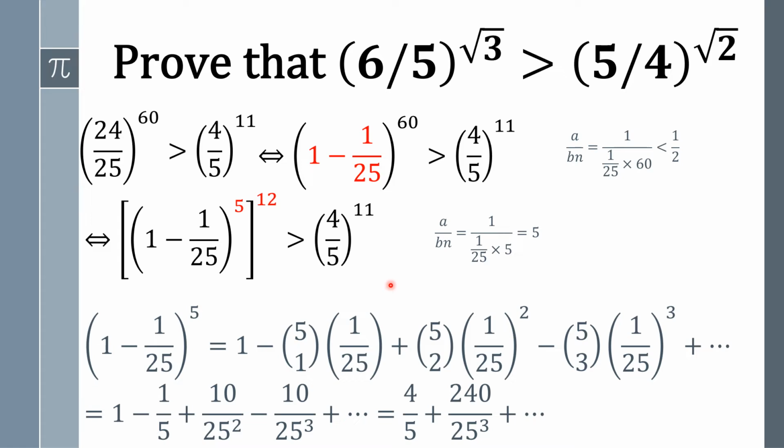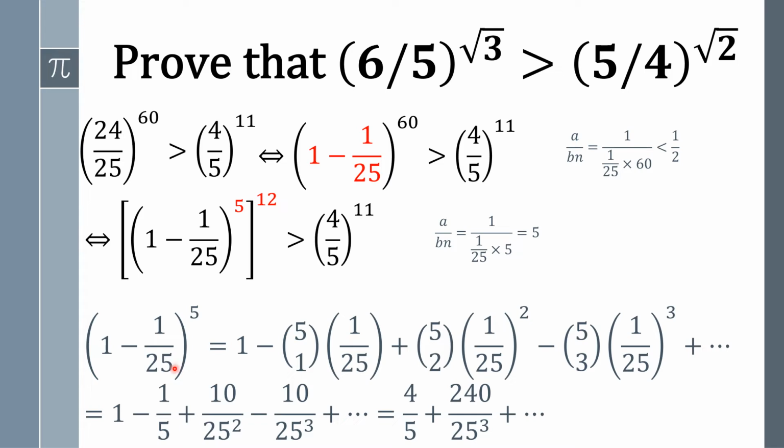And let's do it now. We take the first 4 items of the binomial expansion. Why 4 items? Because we find out only the first two items are not enough.